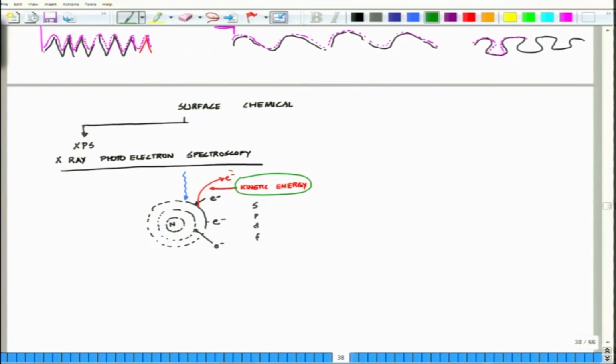So you could develop a chart depending on the element.